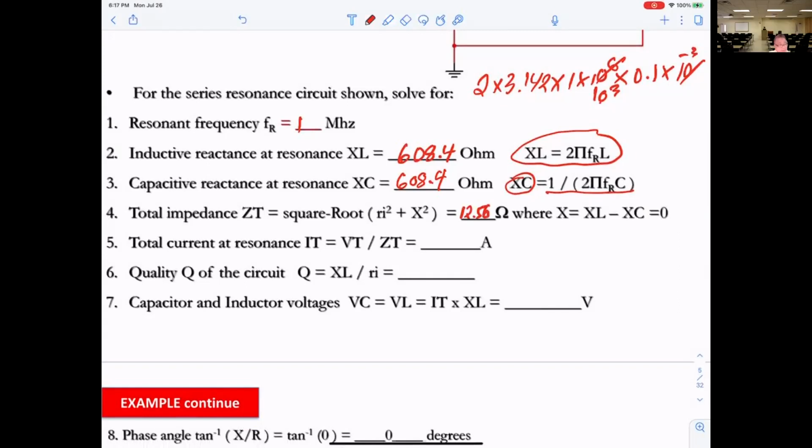The thing is, normally you have to take the square root of R squared plus X squared, that means reactance squared. However, the reactance cancels out, so you get only R squared. So that will be 12.56 ohm.